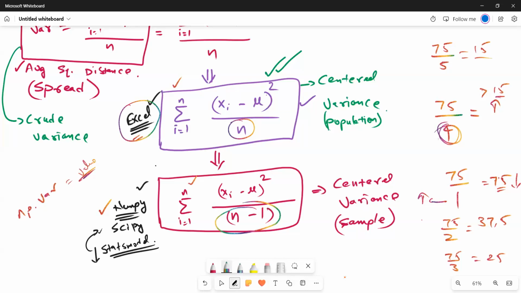So you have to understand, you can always go through the documentation. Documentation will help you understand what formula the var function is actually using.